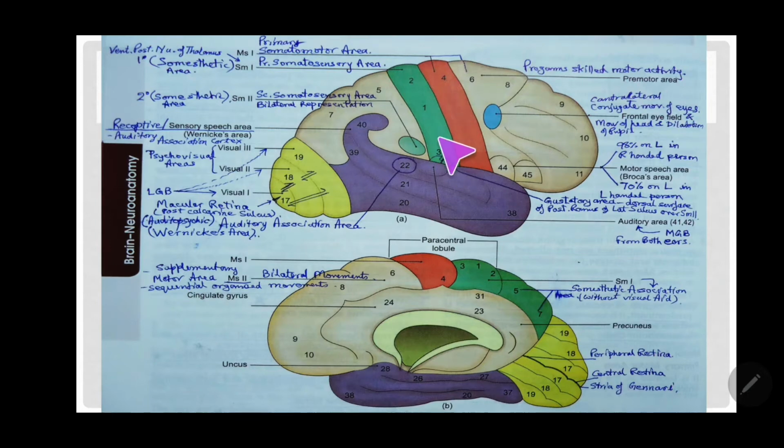This area is the primary sensory area. What does it mean? It receives primarily all the sensations from the body, which ultimately reach this gyrus.